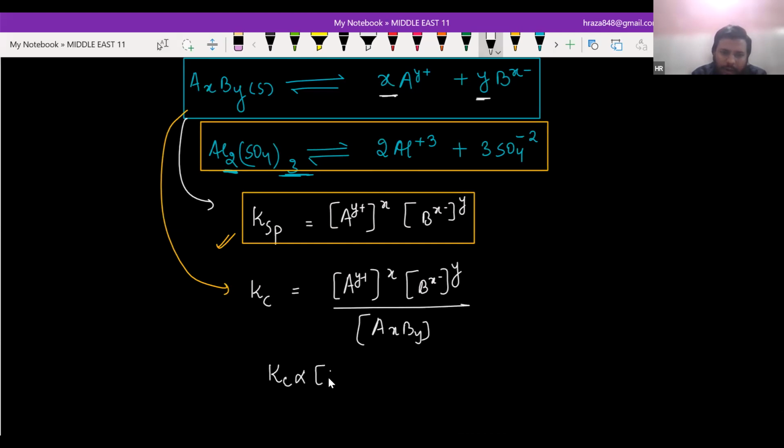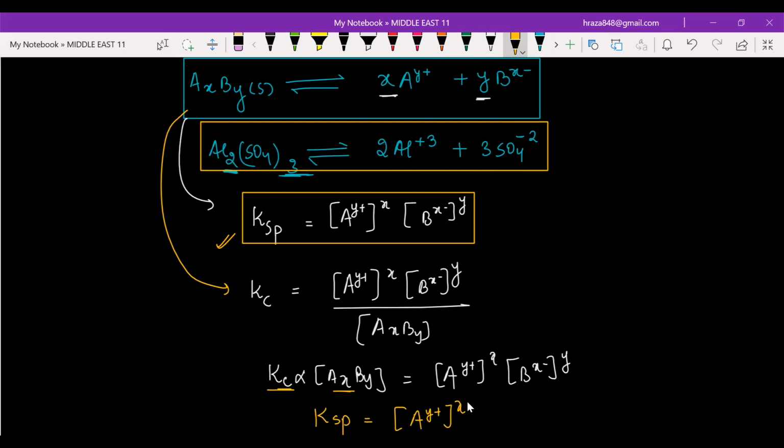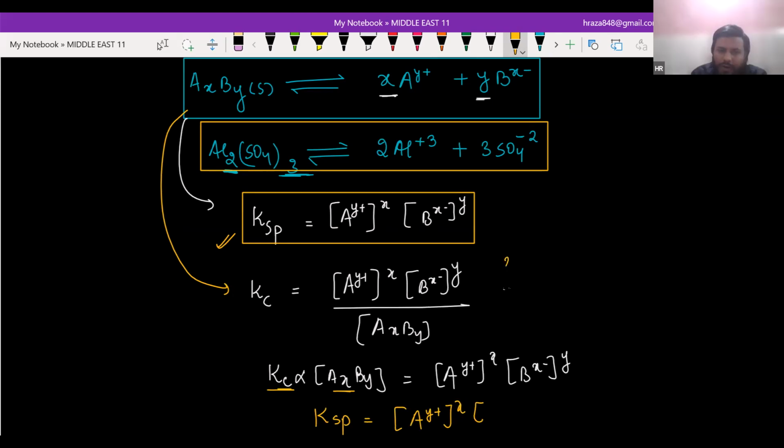Kc into AxBy will be equal to A to the power y plus... and x. In the same way, this. You know that this Kc into this solid multiplied, the product of this will be equal to Ksp.